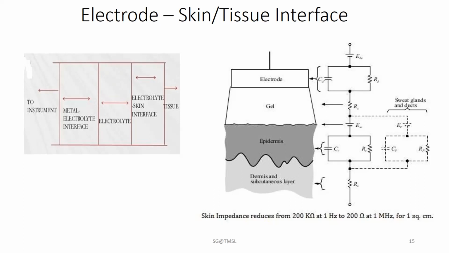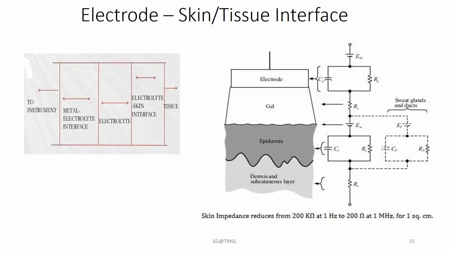It is used for conducting purposes. Similarly, an electrode cream containing chlorine may also be used for different biosignal monitoring purposes.